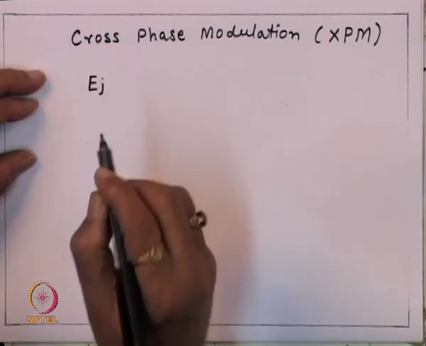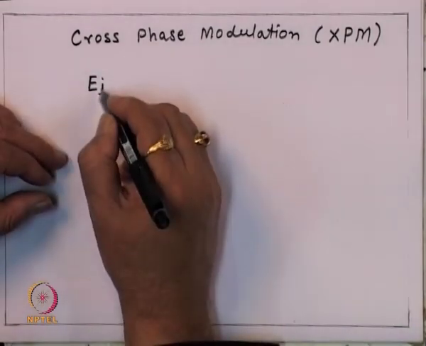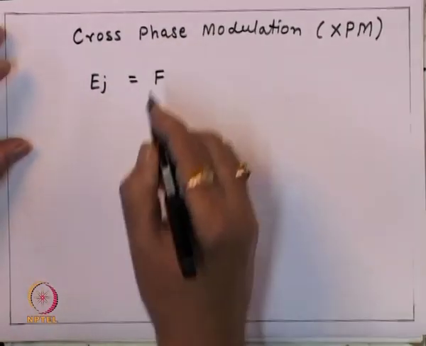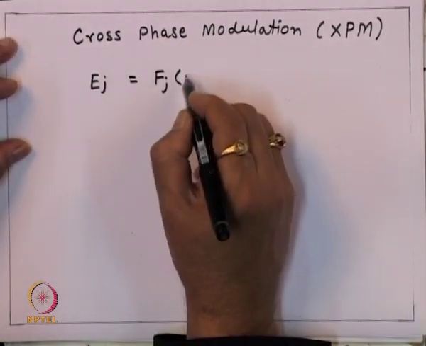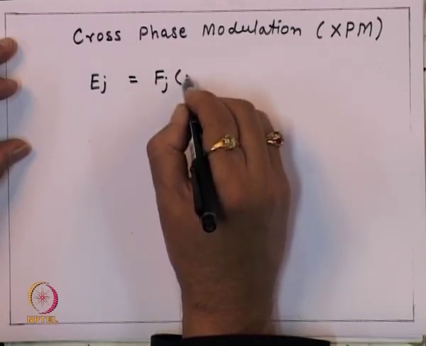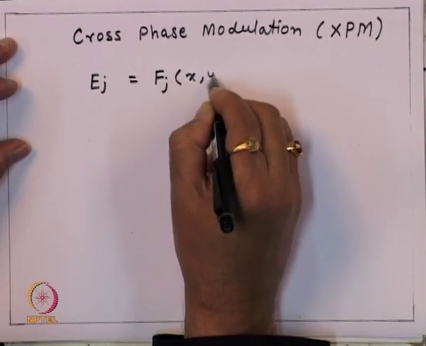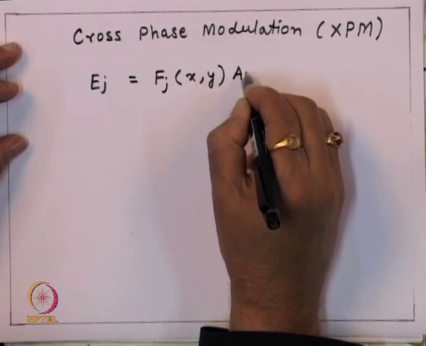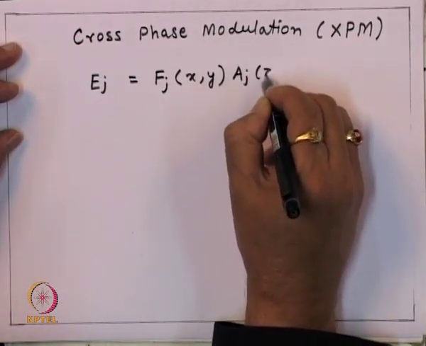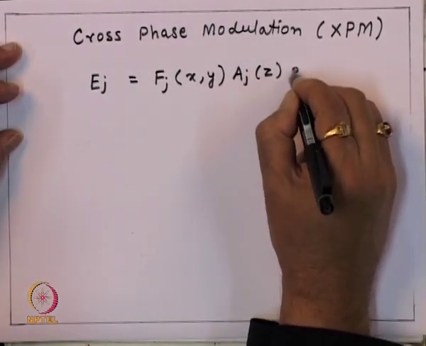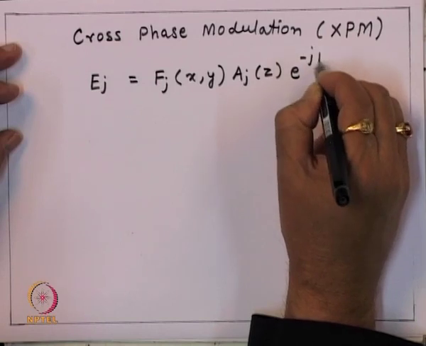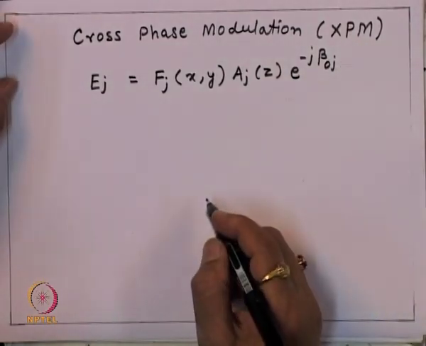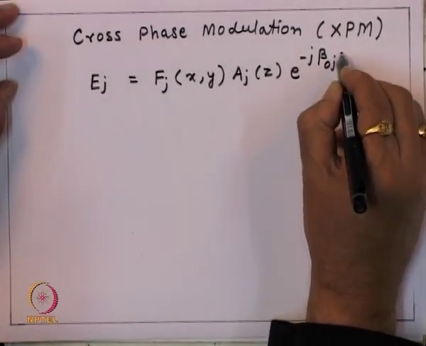We say that the field distribution for the jth channel is having a transverse field distribution F_j(x,y), which is the transverse plane for the fiber, an envelope function A_j which is going to evolve as a function of z, and a phase constant which is e to the power minus j beta 0, but now this beta is going to be a function of the frequency. So, this is for the jth channel times z.